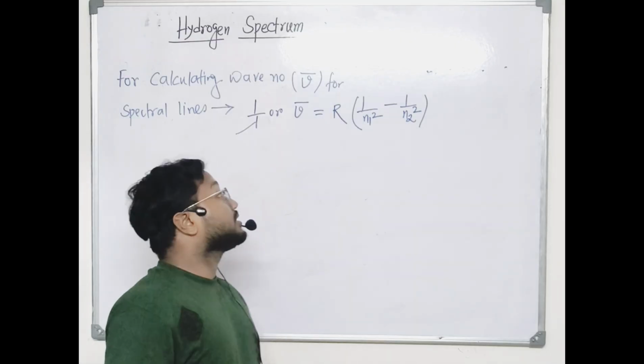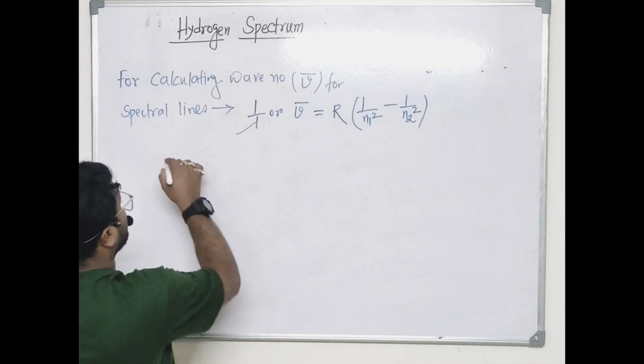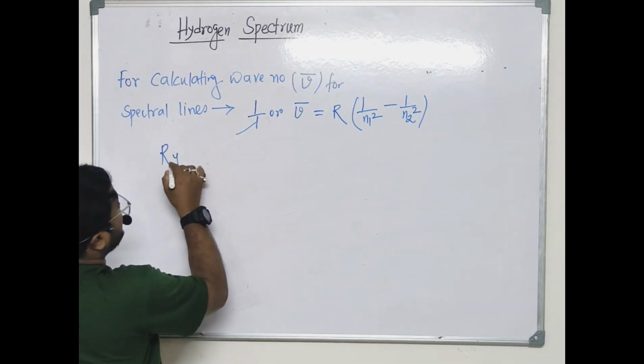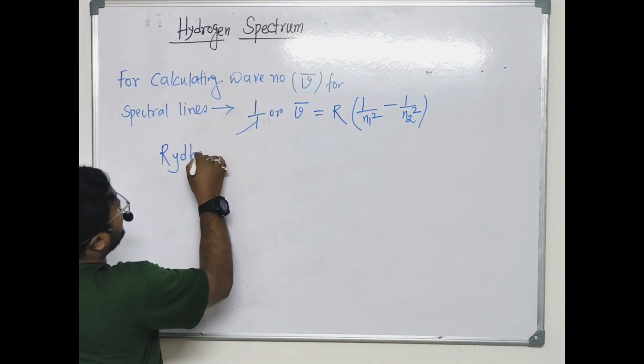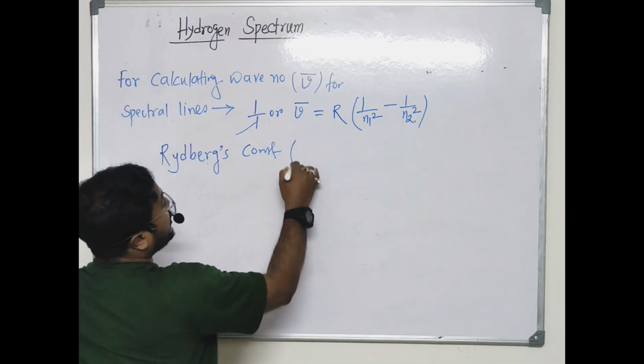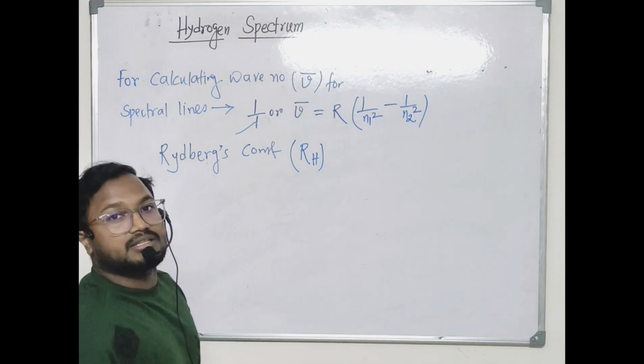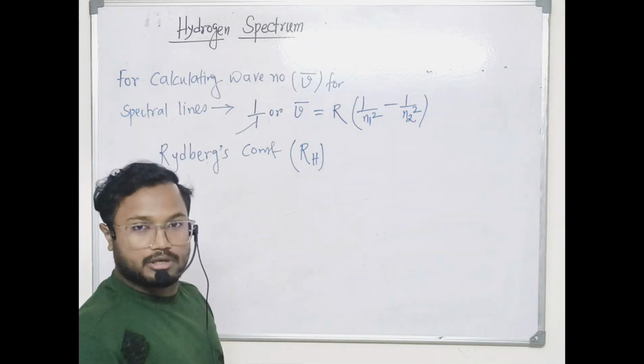Now when this concept was modified by Rydberg, he gave one constant known as Rydberg's constant, represented as RH. He implemented the term Z in the same equation.